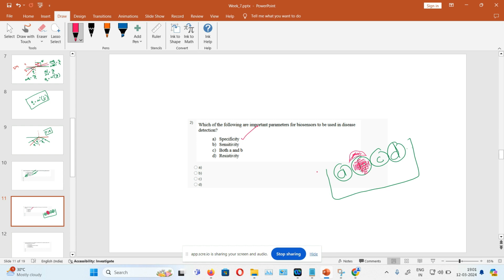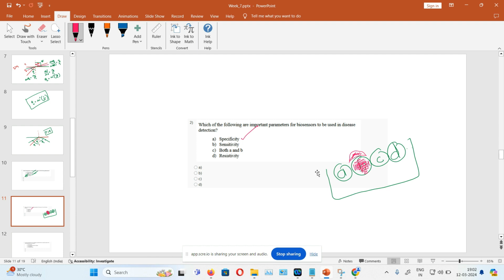Now comes the other thing: how much of property B we can detect. If the amount of property B is very small and the sensor can still detect that parameter, your sensor will be very good, because property B may be indicating some diseases, and if you can detect it at a very early stage, it gives real sensing capacity.